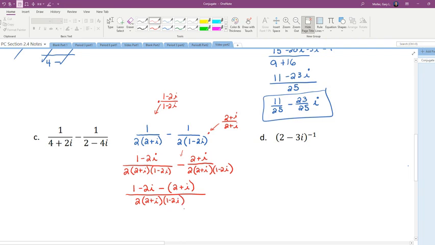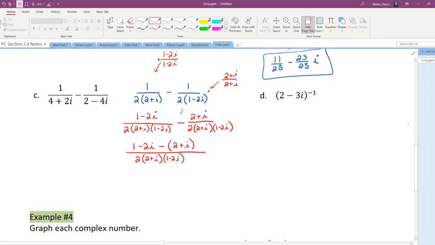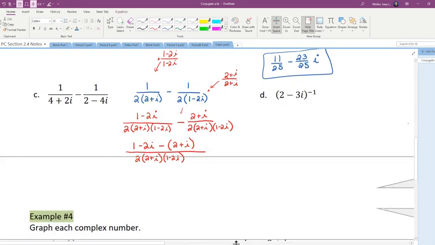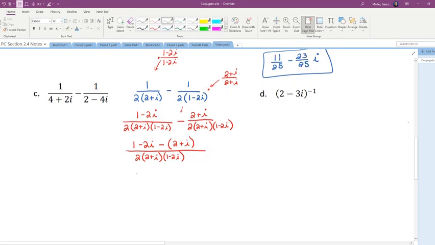And so I'm going to distribute that negative. Again, showing a lot of steps here. It's going to get kind of silly long. I'm tired of red. Let's switch. 1 minus 2i minus 2 minus i. Distribute that negative. And I got to do some work on the bottom eventually. I'm just putting it off.